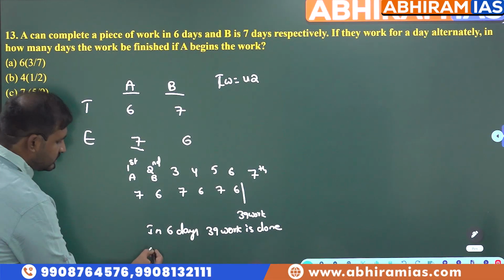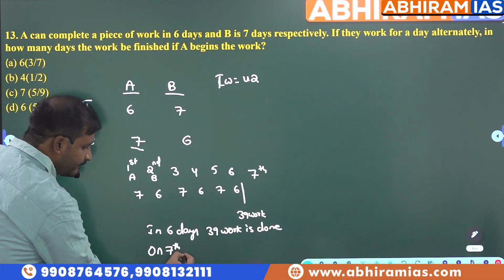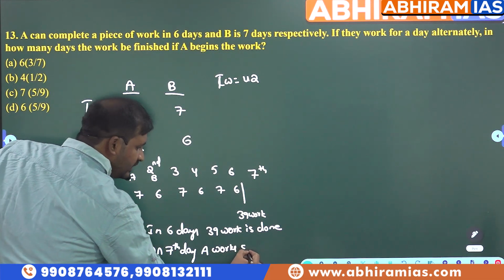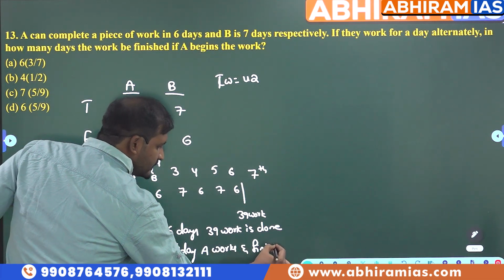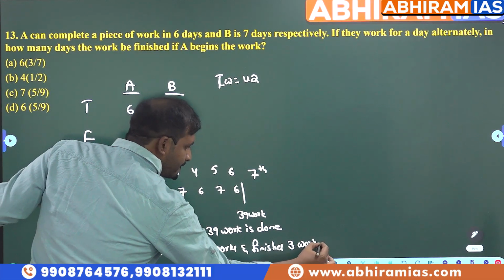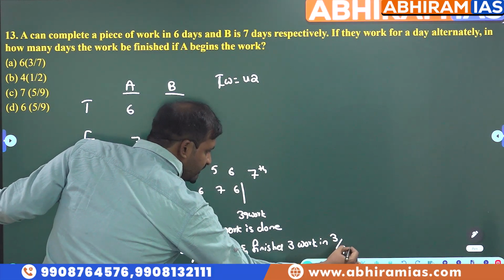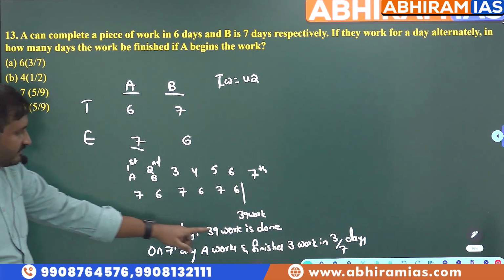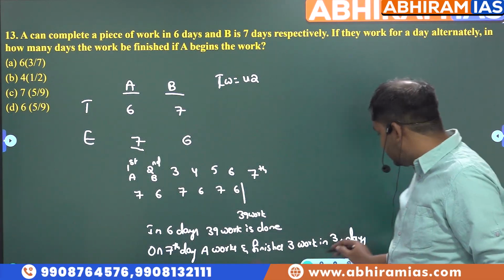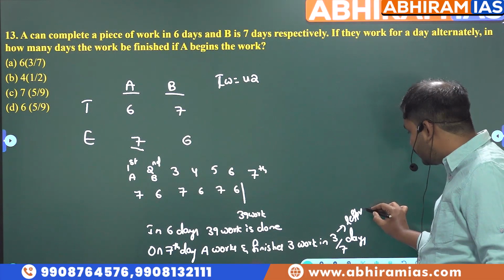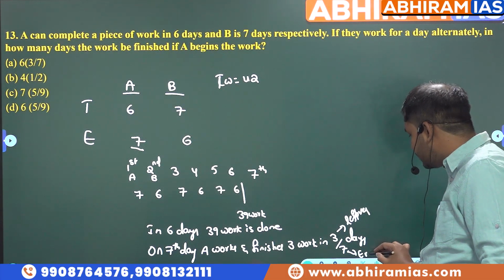So on the 7th day A works and finishes the 3 work in 3/7 days, 3/7th of the day. Here 7 is the efficiency of A and 3 is the leftover work.